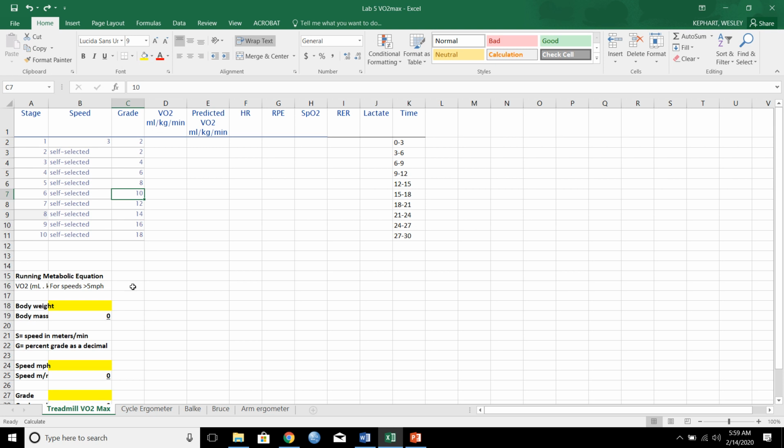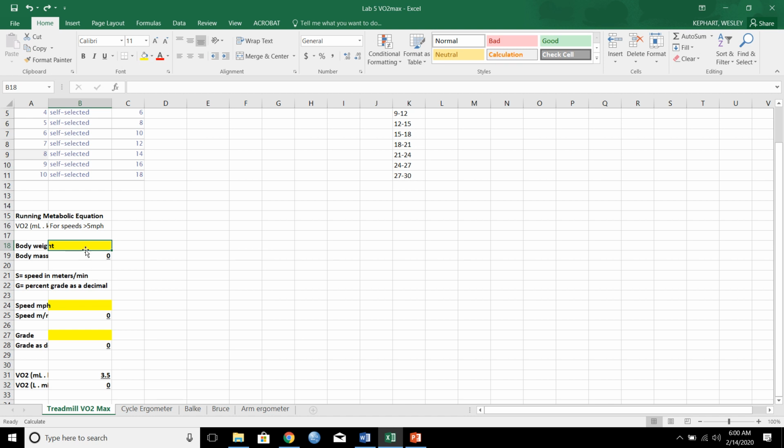Now, something that I already have programmed in here for you, whenever they're at their very end of the test, we can actually get their VO2 max right here. So let's say that they weigh 170 pounds, give or take. Converts that to body mass, kilograms. Let's say they're going at 5.2 miles per hour for whatever reason. That's meters per minute right there.